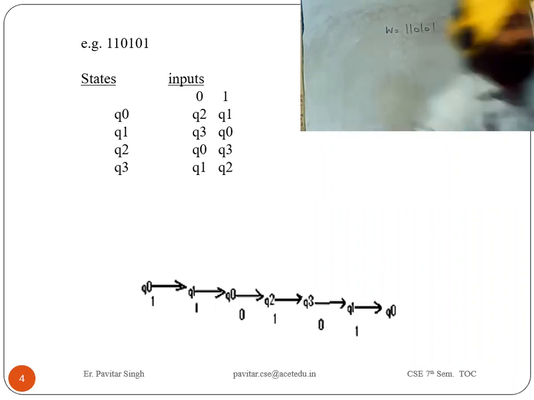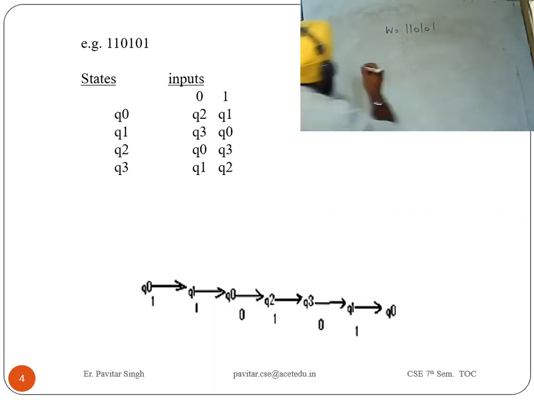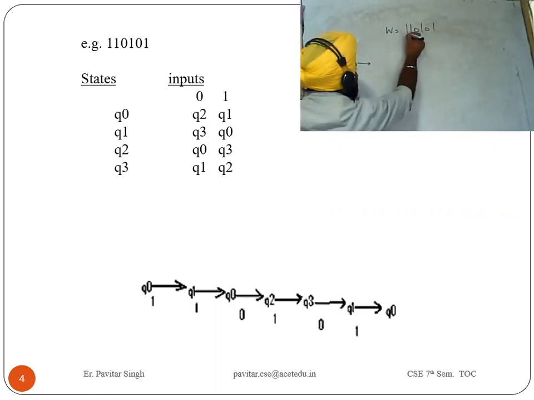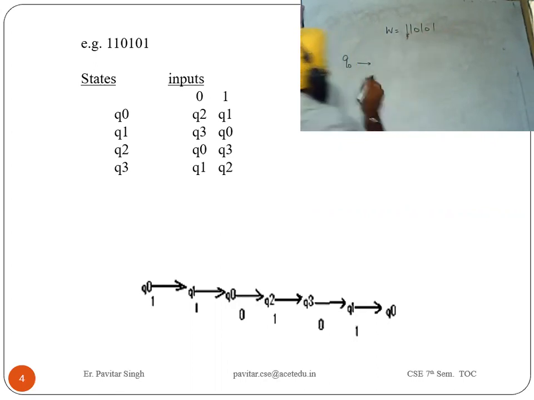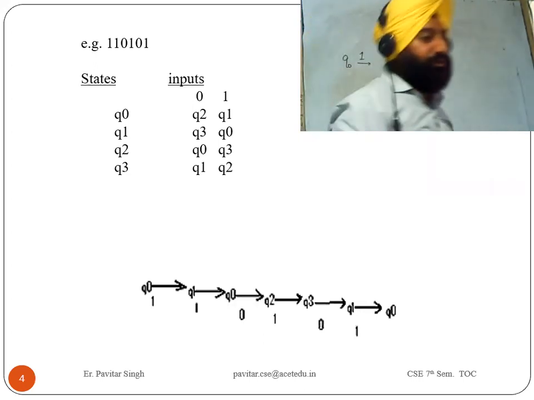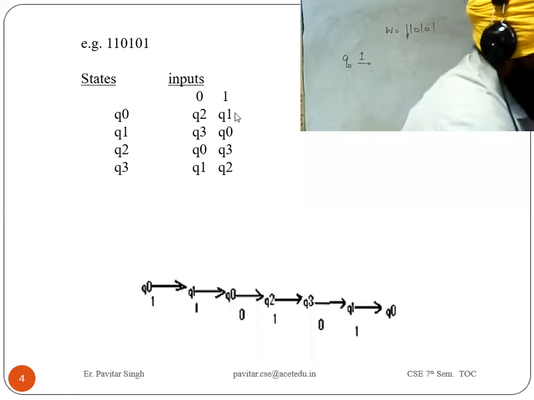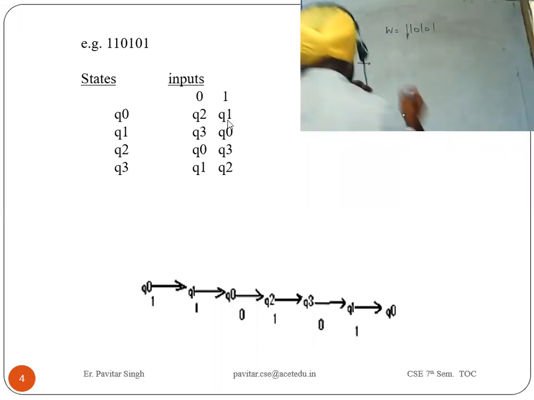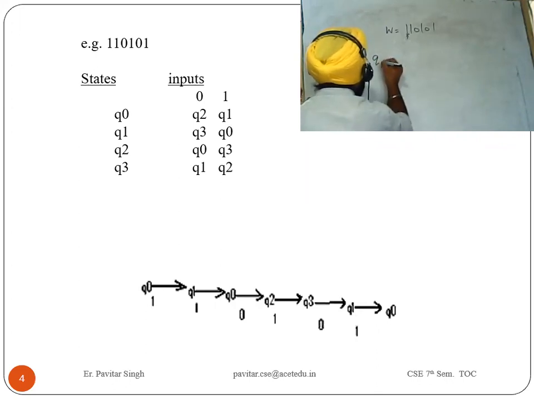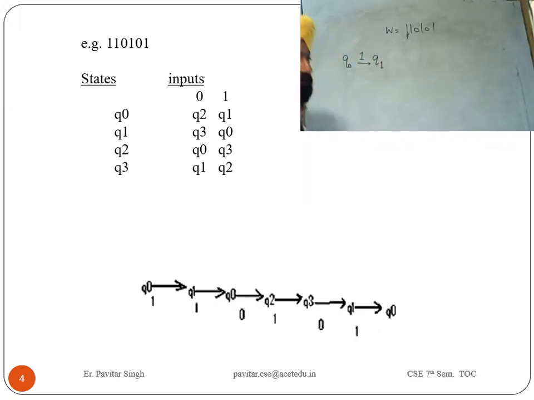So let's check. You always start with the initial state, then process one symbol at a time, right? Here the first symbol is 1. Q naught upon the processing of 1, check in the table, it is going to Q1.